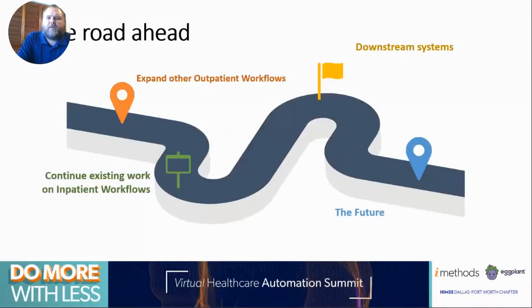But so the road ahead, what does that look like? Well, I still plan on expanding on our current outpatient workflows. Like I said, I've got the standard ambulatory workflow, but it would be nice to be able to schedule maybe to multiple providers, do a charge capture. Right now, I only do level of service.